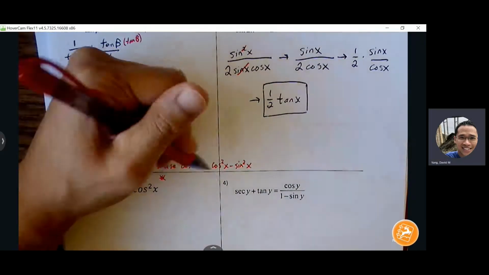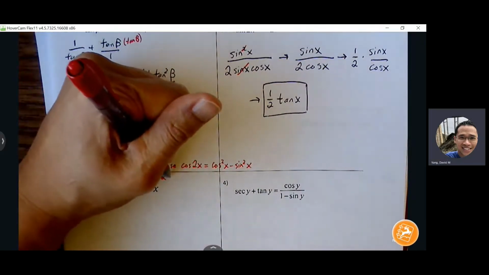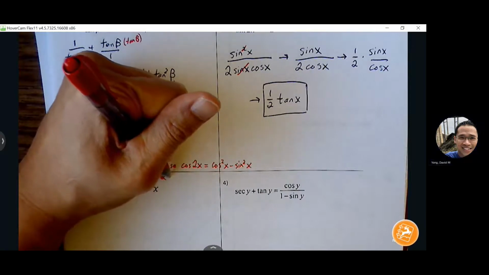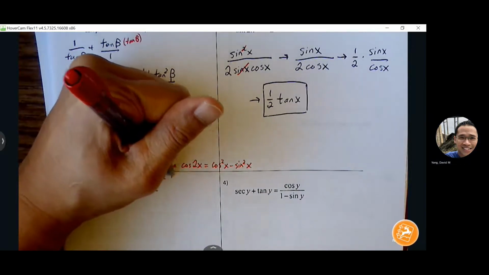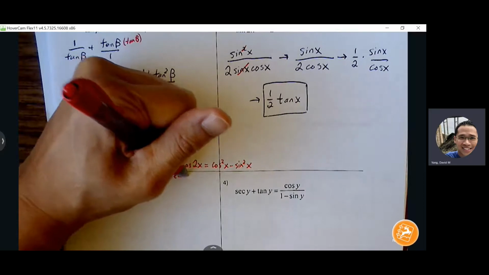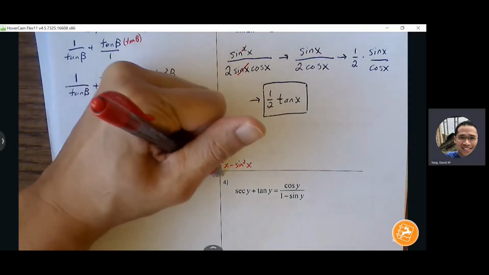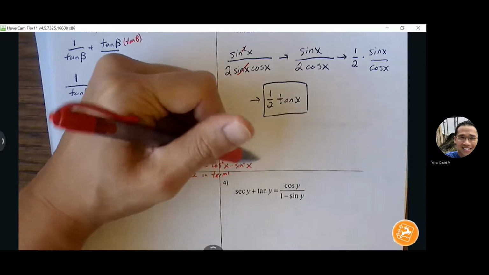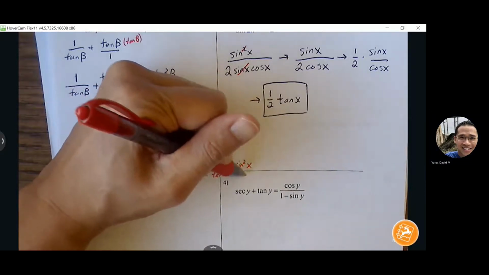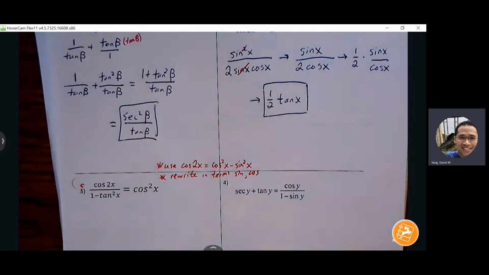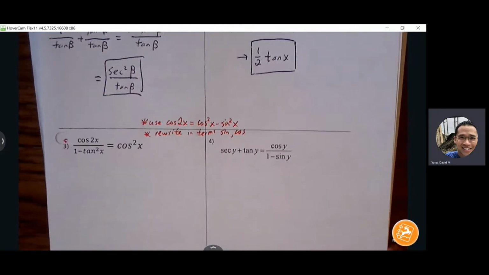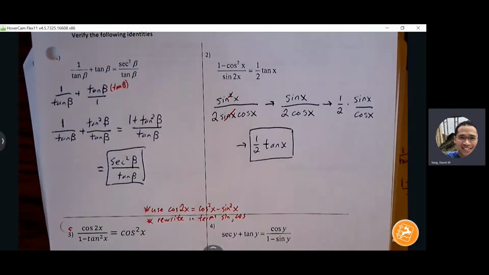And the second hint is try to rewrite in terms of sine and cosine. Okay, is everybody okay with number 2?